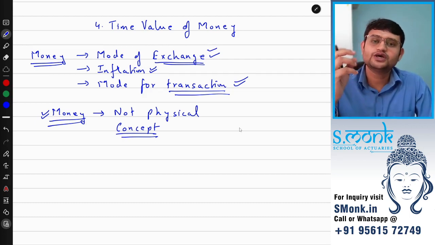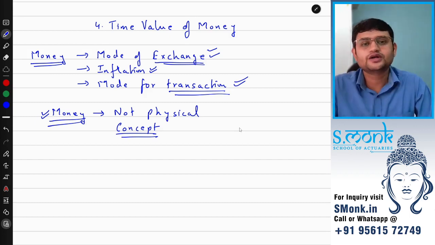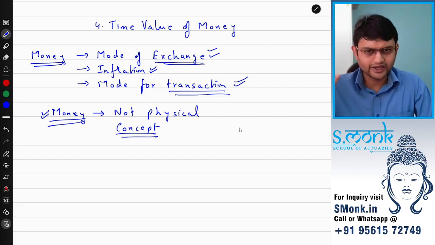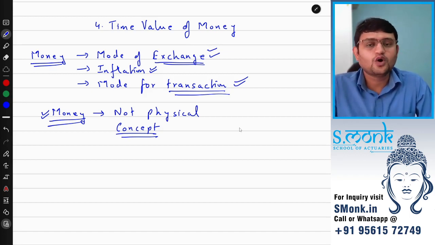Now yes, it was 100% just physical coins for a very long time. Physical coins, physical notes. But today we know that most of the money is not in physical form. The money that is in your bank account is not in physical form. We all use digital transactions today. At least 50% of the time, or maybe more, we have stopped using physical currency, right?